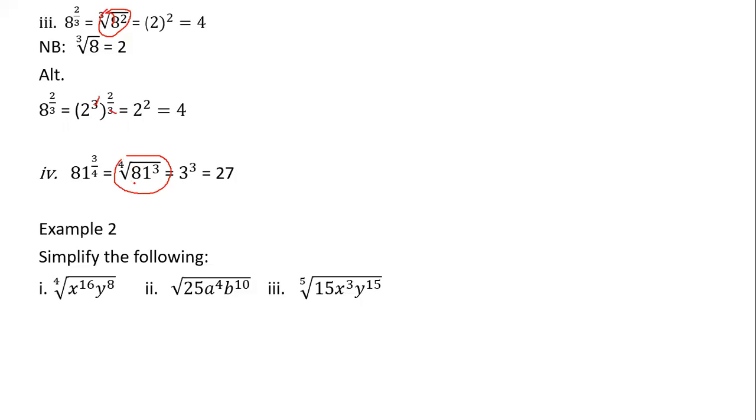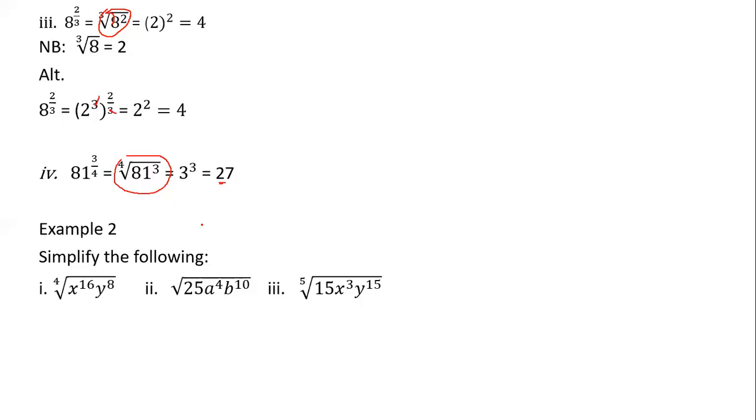The 4th root of 81 is 3, all power 3. So we are having 3 power 3, which is 27. We can also express this one as 3 power 4, and that will multiply by, the power will be multiplied to get 3 power 3, which is also 27. I hope you are following.